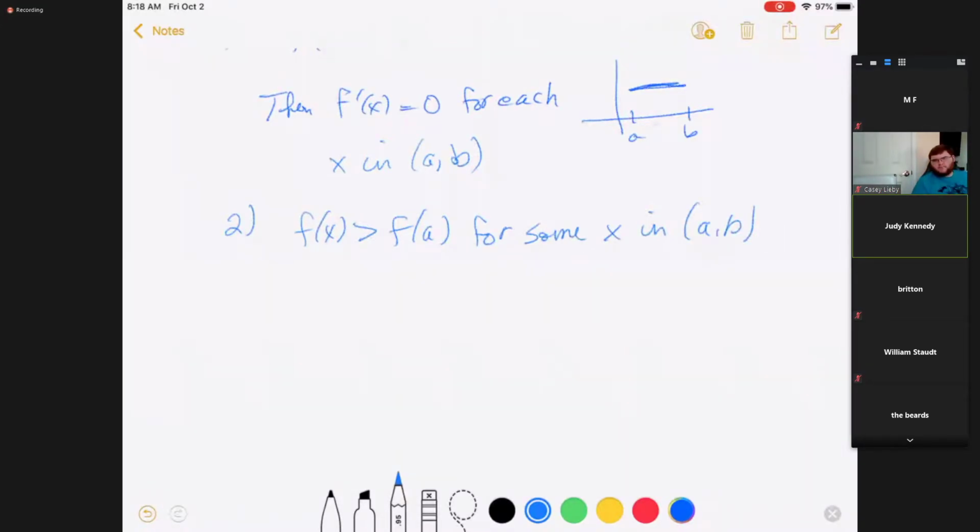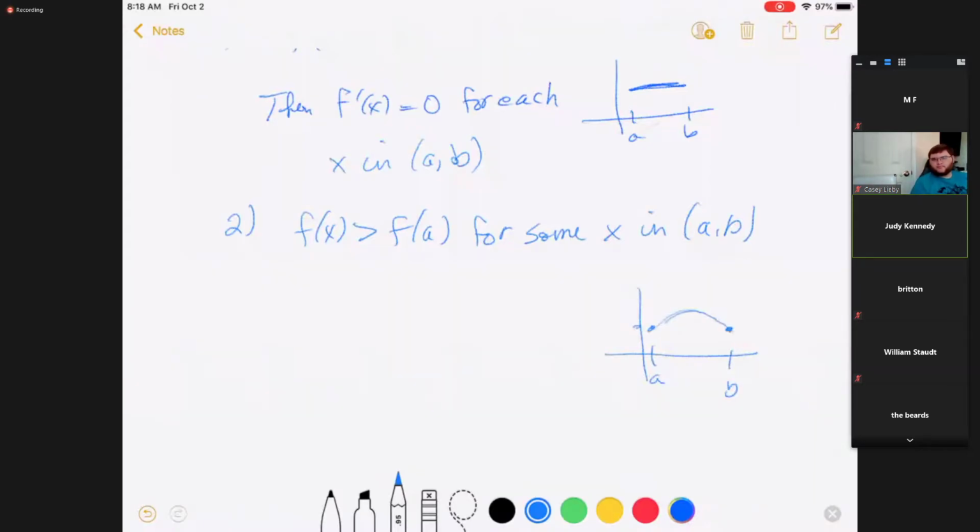So that's A and B, and I'm assuming that f of A is equal to f of B. But now I'm also assuming that f of x is bigger than f of A for some x in (A, B).